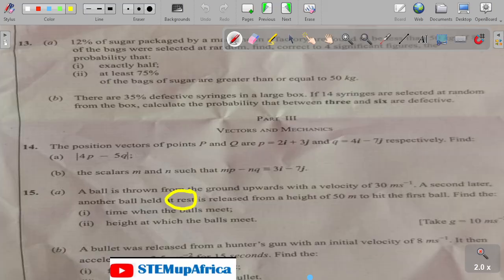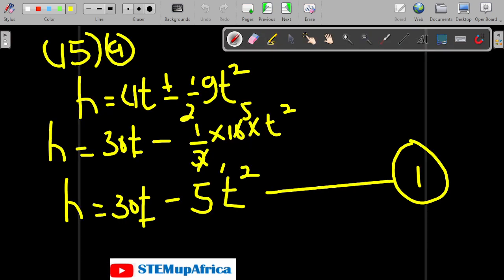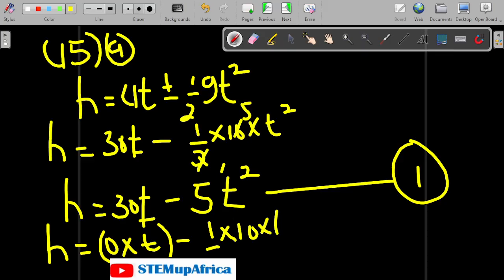Let's go to the second condition. The second condition says that the second ball is thrown from rest from a height of 50 meters a second later. That means I'm going to have h is equal to 0 times t, because it was thrown from rest, minus 1 over 2 times 10 times t minus 1 squared. But you see, a second later, that is 1 second late compared to the first ball.